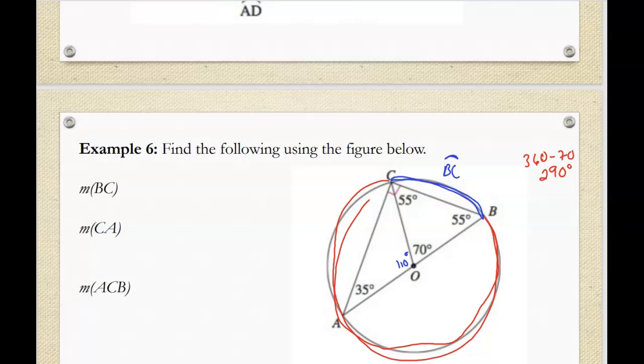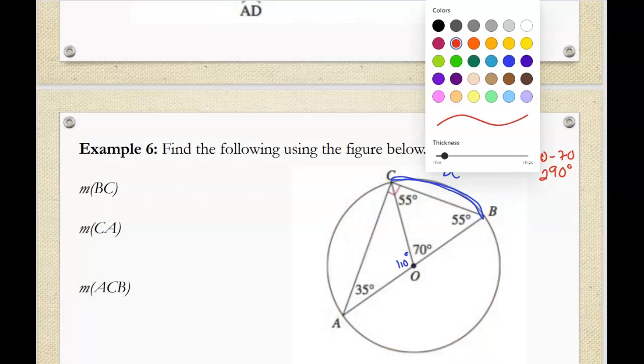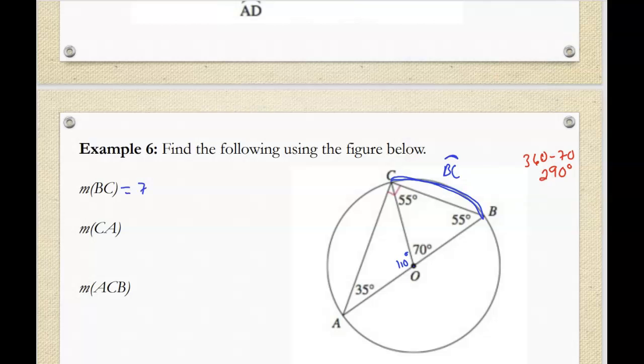But in this case, we're going to look at it from this angle, and so this is going to be 70 degrees.